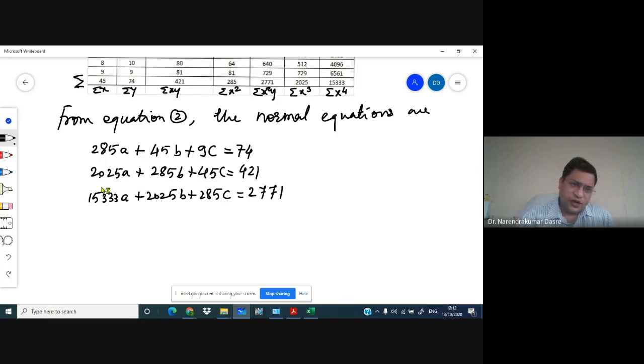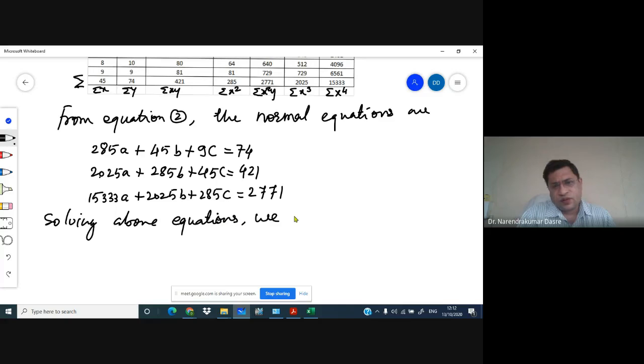Now to get the values of A, B, and C, we have to solve these equations. So I want you to solve them. All of you are solving the same system, which means you will get the same solution.